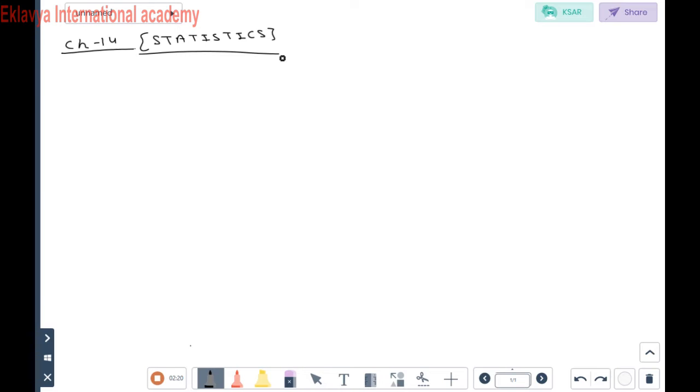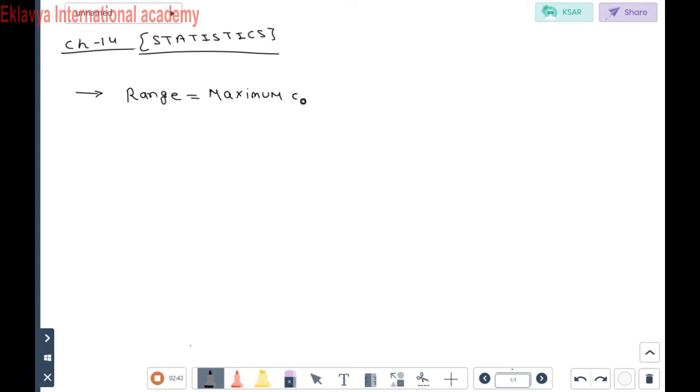So first of all, we will discuss what the range is. What is the range for the given observations? Range is the difference between the greatest or maximum observation minus the minimum observation.